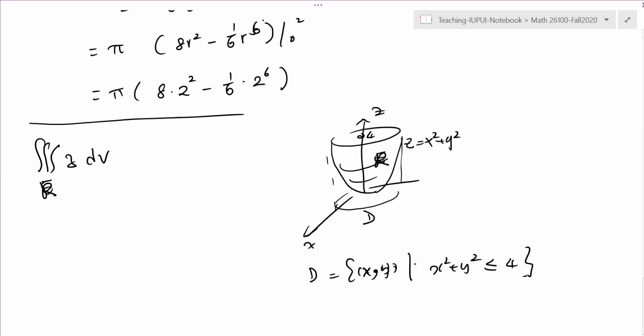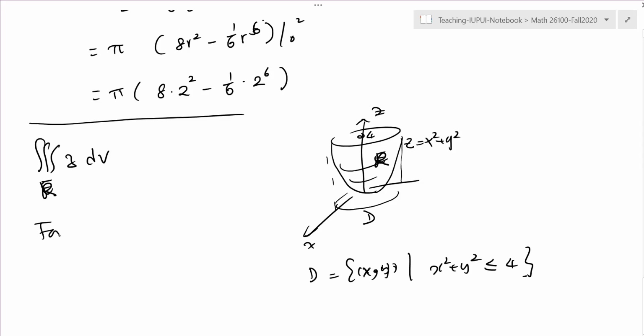So now I'm going to set up the iterated integral.